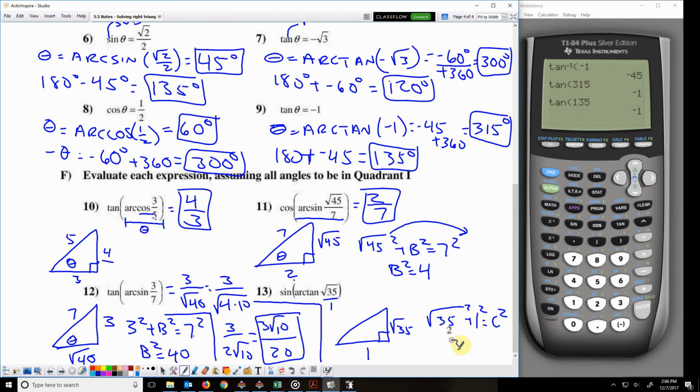That's 35 plus 1, or 36. Square root of 36 is 6. Sine is opposite over hypotenuse, so that will be the square root of 35 over 6. Square root of 35, 35 is 7 times 5. I cannot simplify that, so that is going to be my final answer.